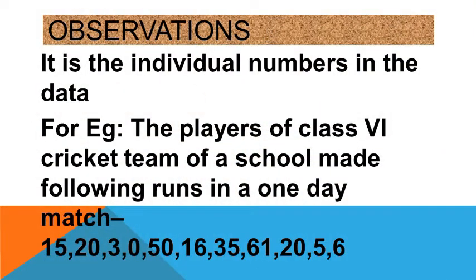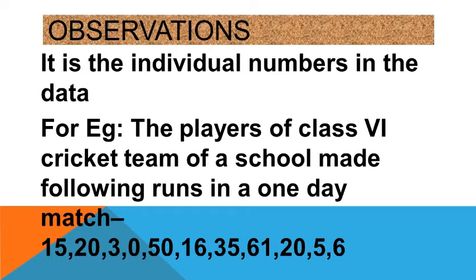Next comes your observations. It is the individual numbers in the data. Let's again take an example. The players of the class 6 cricket team of a school made the following runs in a one-day match. Like this, different numbers 15, 20, 3, 0 are your observations.